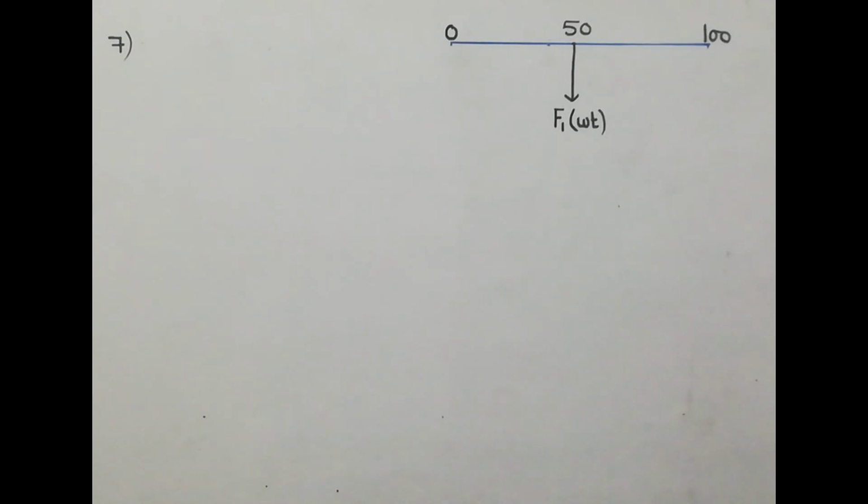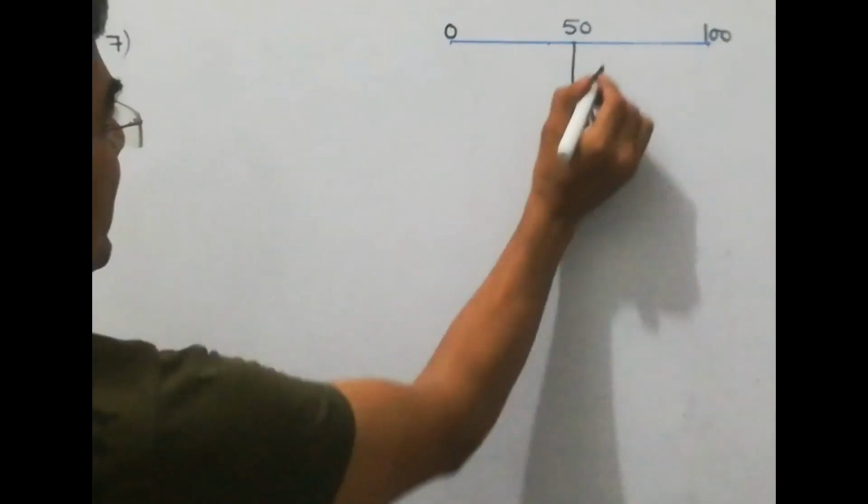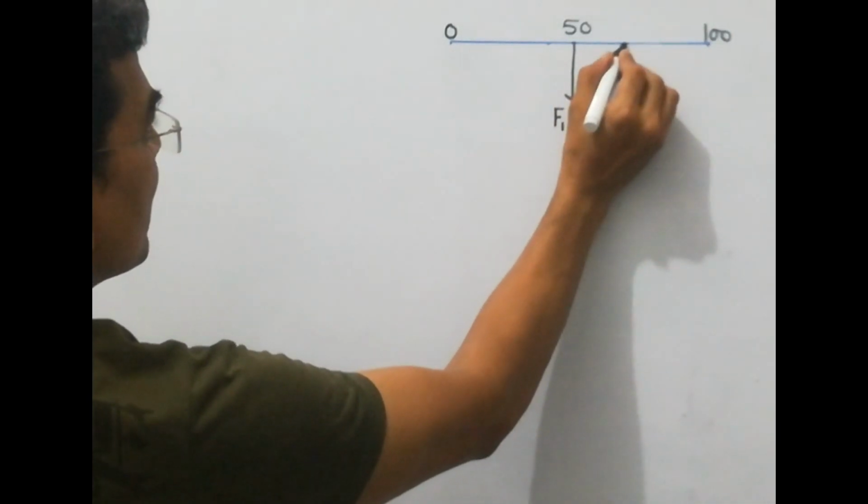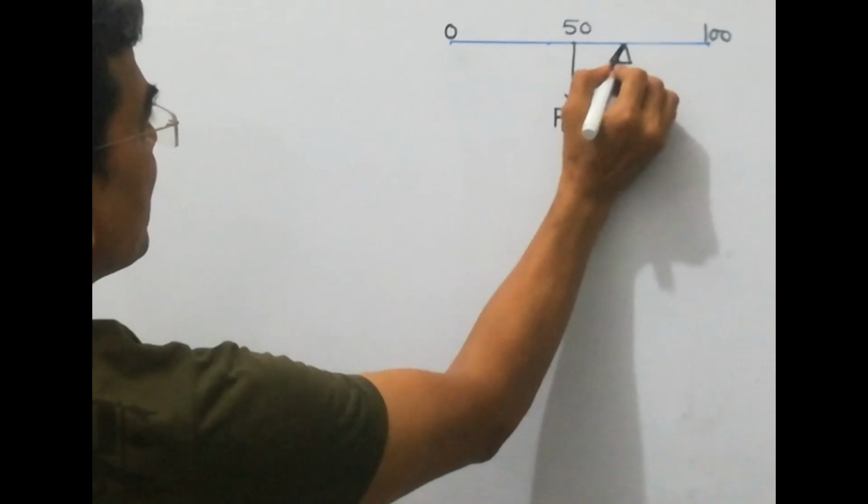So whenever in a numerical you find a meter rule which is not balanced at its midpoint and is balanced at some other point, then at the midpoint you will mark a force representing its weight. And we know that weight of a body always acts in the downward direction, so we have marked it over here. Now this is balanced at the 58 centimeter mark. So here will be the 58 centimeter mark.